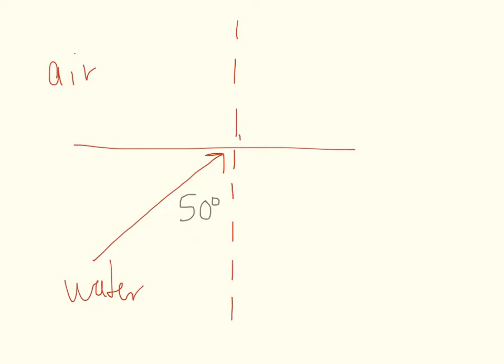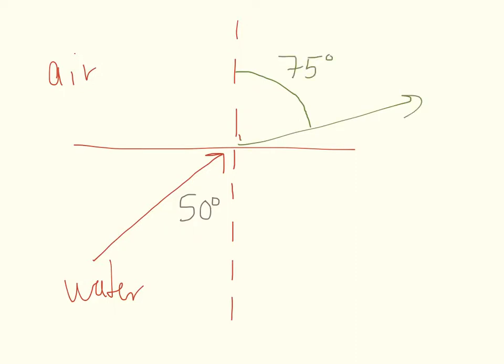I'm picking arbitrary numbers right now, okay? So if that angle is 50 degrees and it goes from water to air, we know it's going to bend away from the normal. So the next angle is something bigger than 50. Give me a number bigger than 50, but not more than 90. 75. So we have an angle here now of 75 degrees. So there's my light right now.